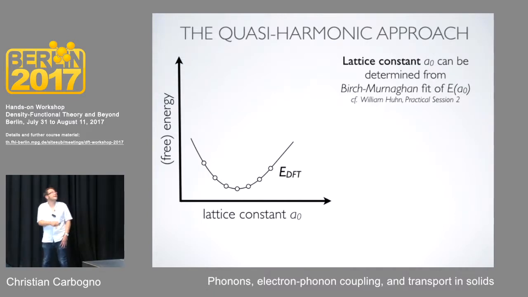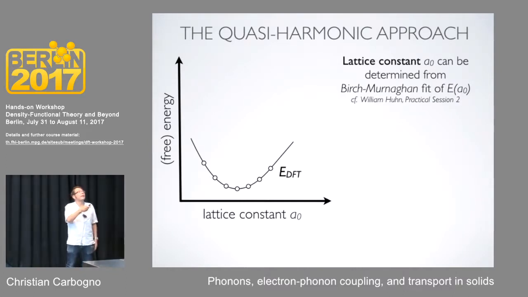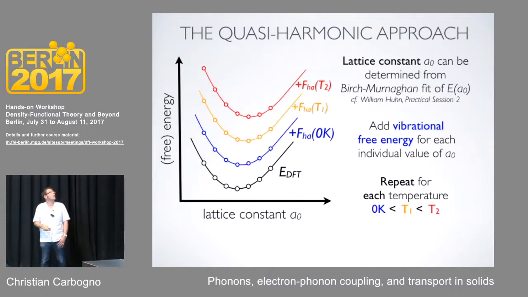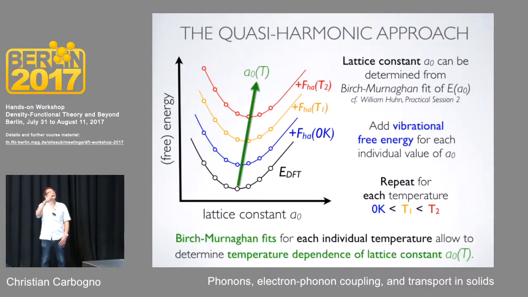In principle, this approach is very simple, and it's related to what you've already done in practical session 2 when you did Birch-Murnaghan fits to calculate the lattice constant at 0 K. In this case, you do exactly the same, but you don't only calculate the total energy, you also calculate how the force constants change as a function of your lattice constant, and then you can add the free energies, for instance at 0 K, to see how much the lattice constant changes due to zero-point motion or at different temperatures, and you can again fit with the Birch-Murnaghan equation to get the temperature dependence of the lattice constant.